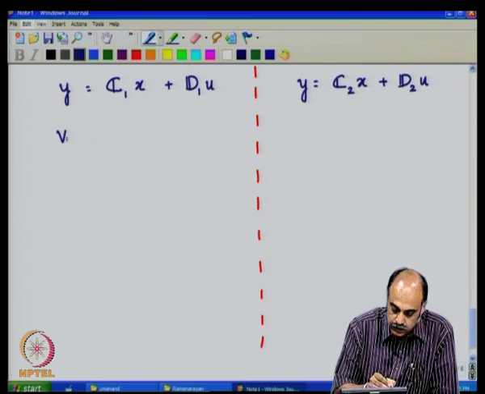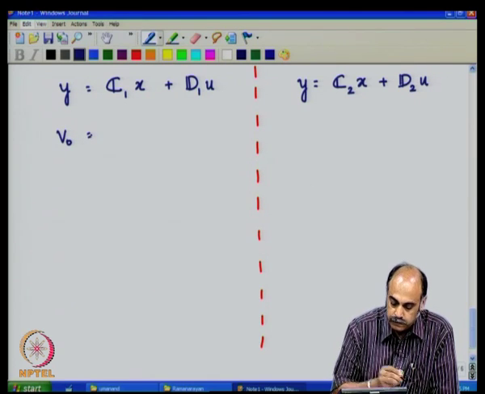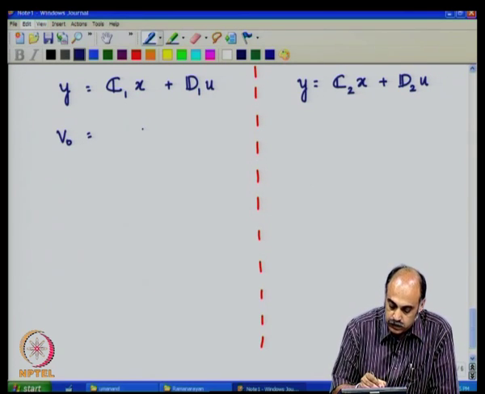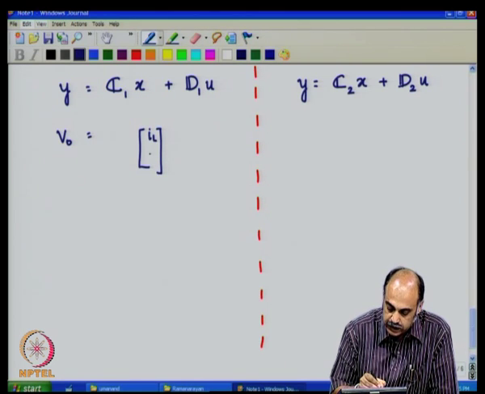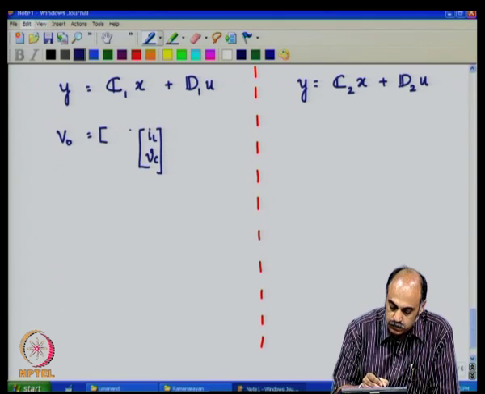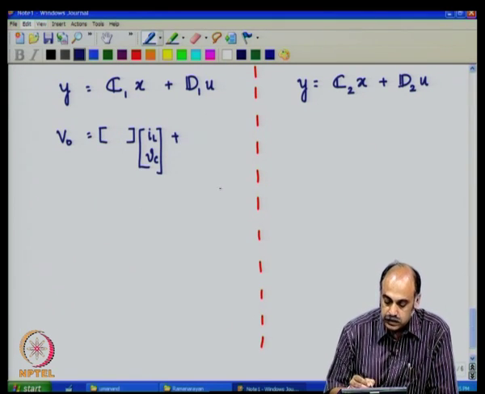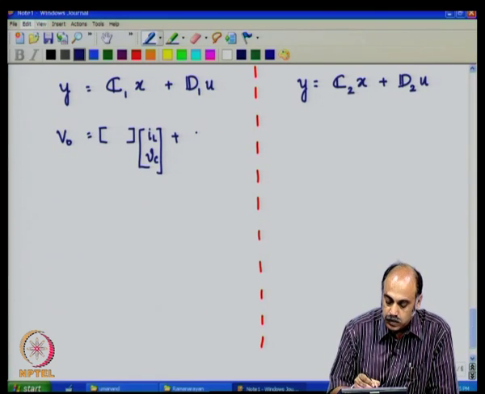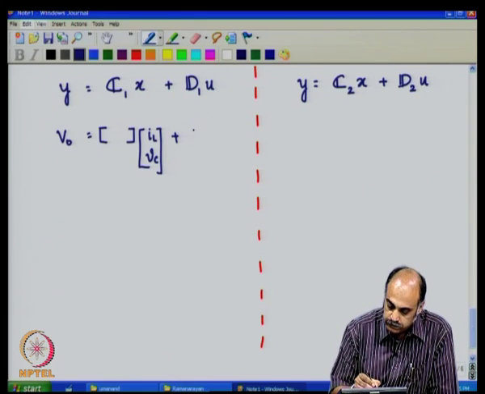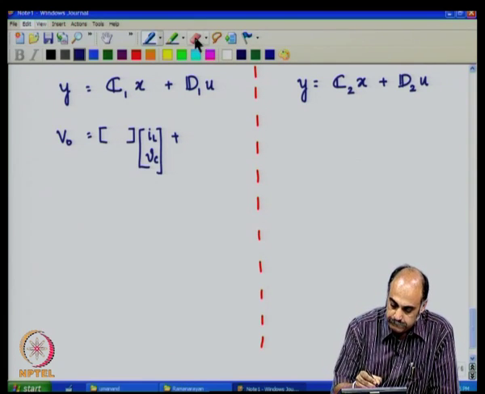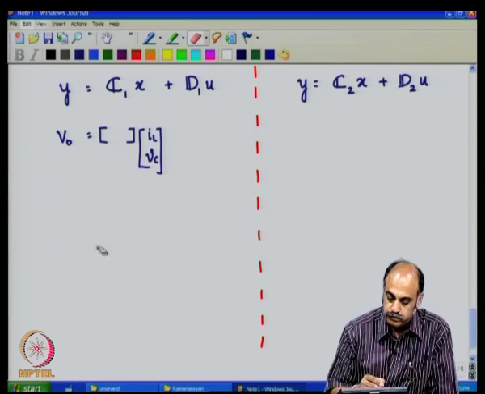So, V naught is the output, and we know that the state vector is nothing but IL and Vc. We need to populate the C matrix, plus we know that there is no input term directly connected to the output. So, we may as well not use it. So, that is 0.